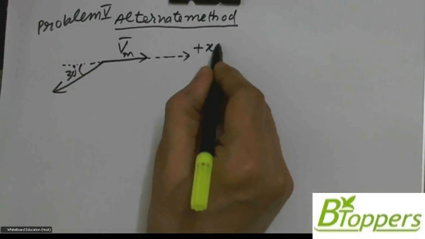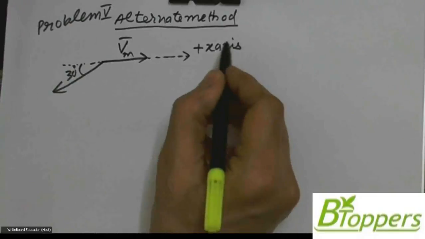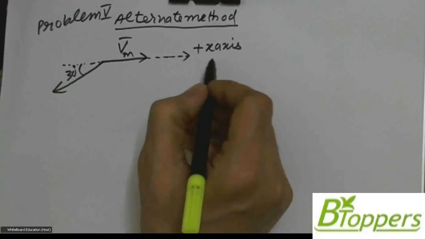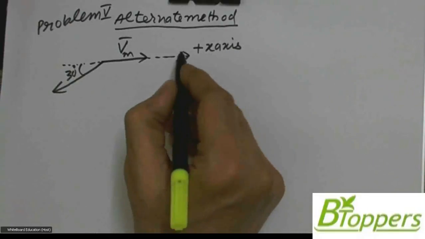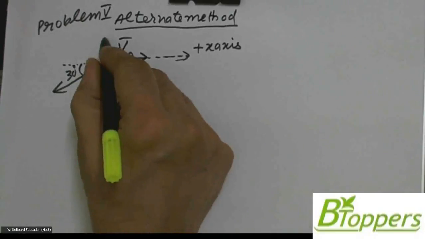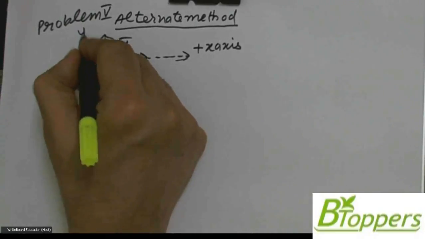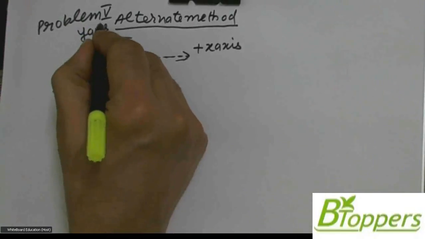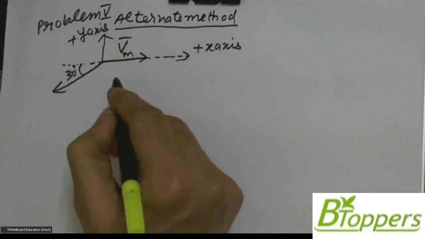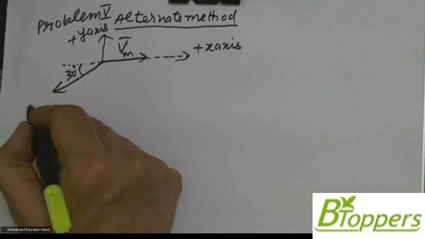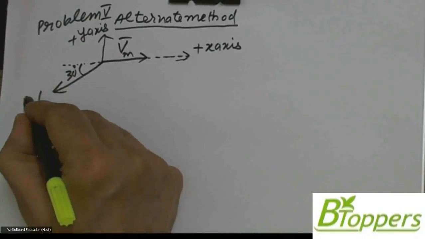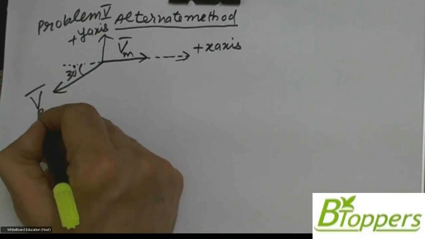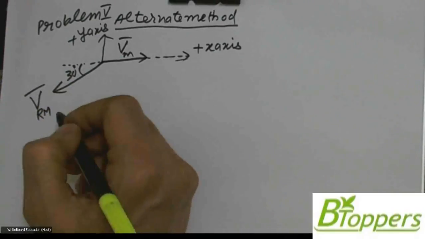So let us choose this direction of the velocity of the man as the x-axis. X-axis horizontal, y-axis vertically upwards here. And this is the direction of the velocity of the rain with respect to the man.